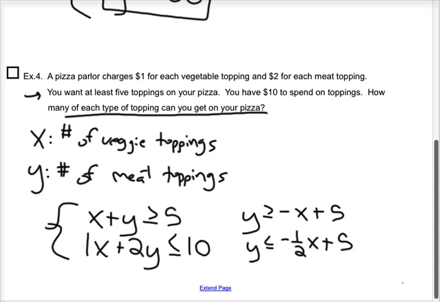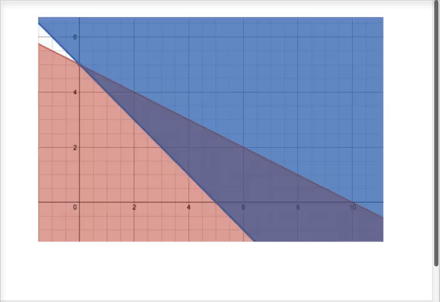So that would be our new graphable system. Solving both of them for y would give me that. And so again, to look at the pre-done graph that I have, this represents that solution.